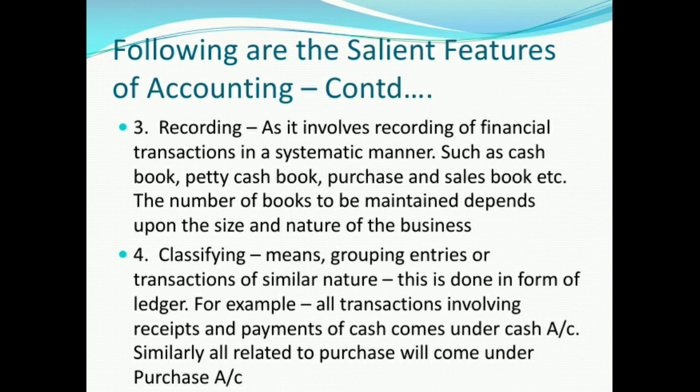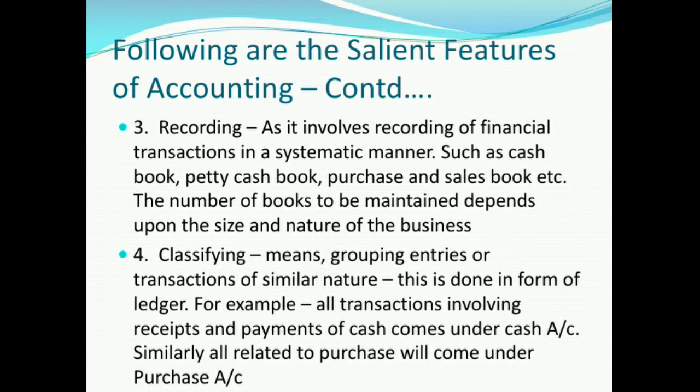A purchase book will record all the purchases the company has made in a particular month or on a particular day. A sales book will record the transactions of all the goods and services which have been sold by the company.